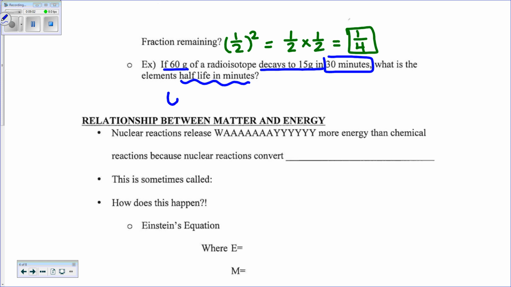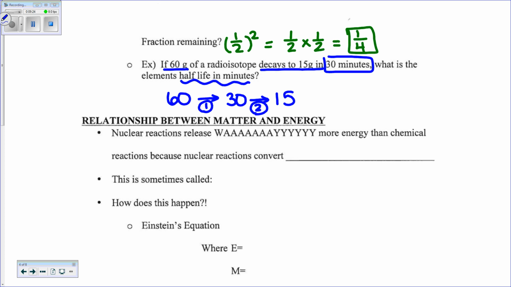So let's think about it like this. I started with 60 and let's cut it in half. So I go from 60 to 30. That's not the same as 15. Let's cut 30 in half: 15. Okay. I go from 60 to 15 by cutting it in half twice. That's 1 half-life, that's 2 half-lives.